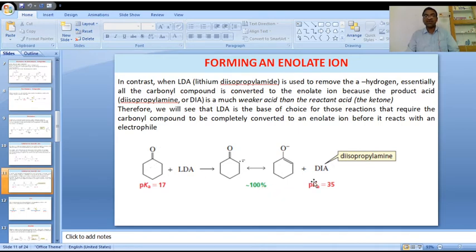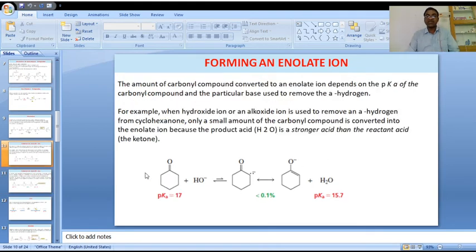Is it clear that the product acid should be weaker than the reactant, compulsorily? In the last case, please observe, the product acid is stronger, 15.7. It is stronger than the reactant.